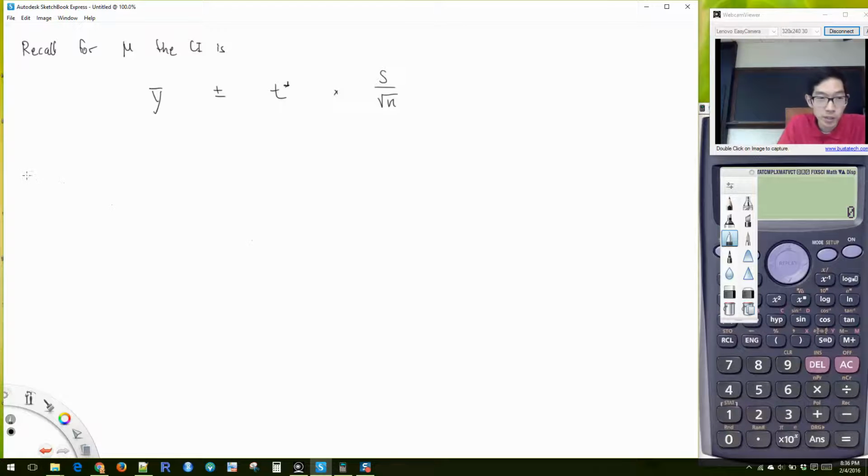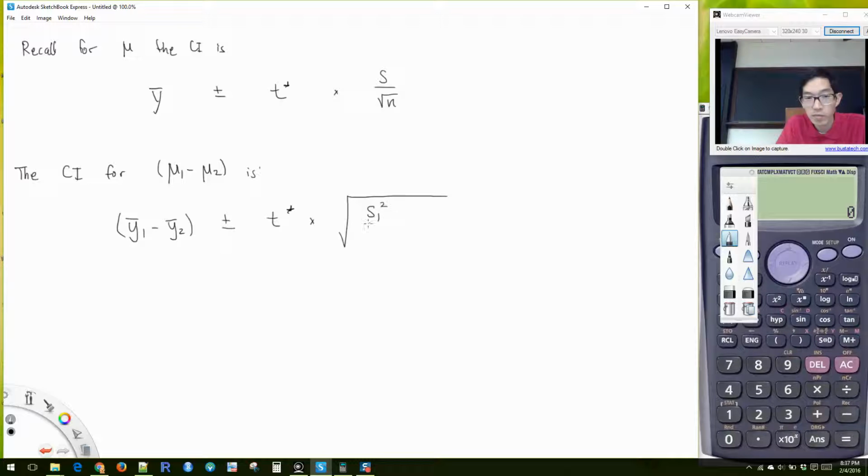Now the confidence interval for the quantity mu1 minus mu2 is y bar 1 minus y bar 2 plus or minus t star times the square root of s1 squared over n1 plus s2 squared over n2, okay?